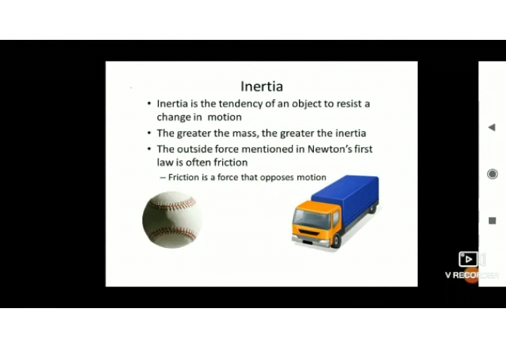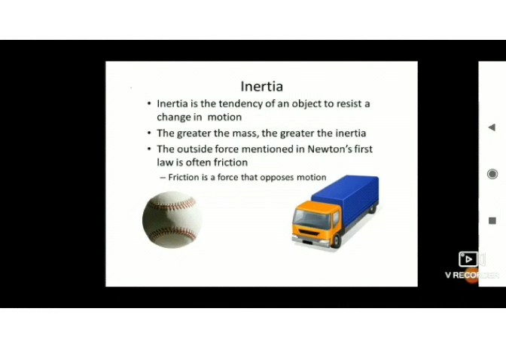Then inertia of motion. The inherent property of an object due to which its state of motion cannot change is called its inertia of motion. And directional inertia: the inherent property of an object due to which it cannot change the direction of its motion is called directional inertia.